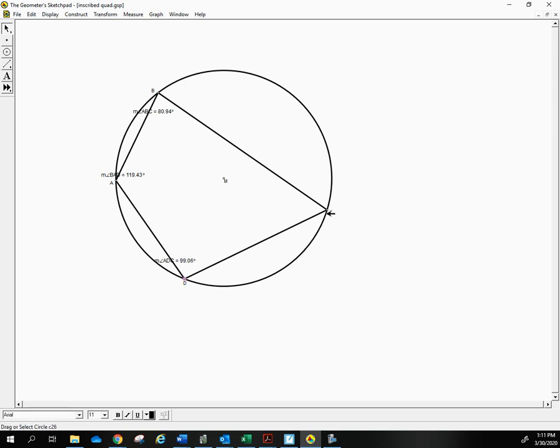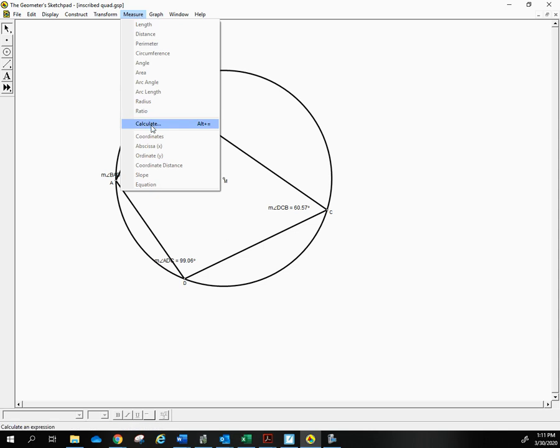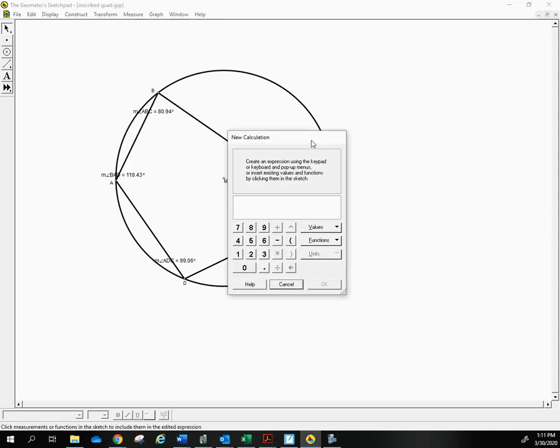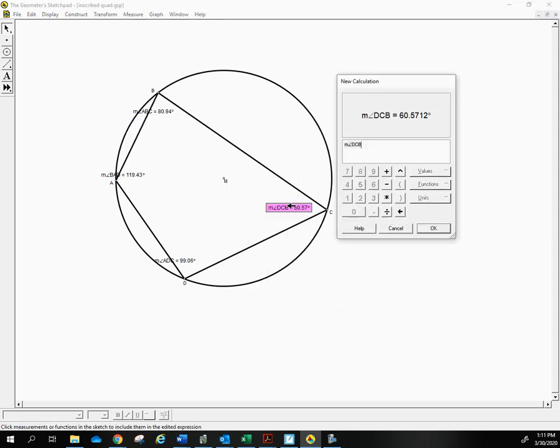But if you look closer at this, there's one more thing that you can talk about here, and it's not just about all the angles. If you add the 60 plus the 80 plus the 120 or 119 plus the 100, you'll get 360 degrees. You can see me add those things with my calculator here quick.